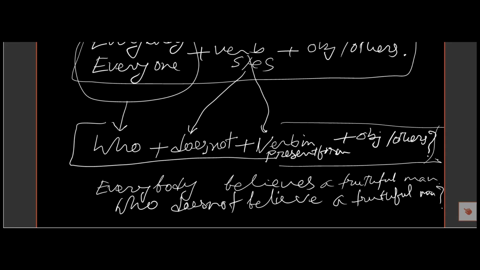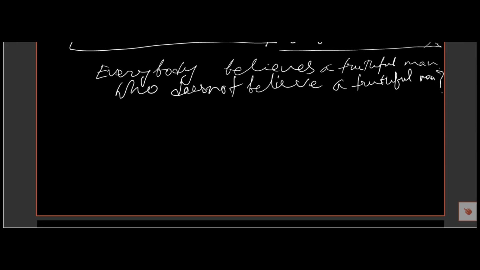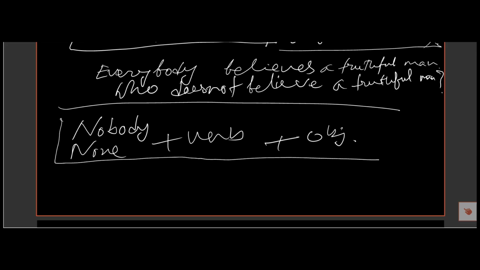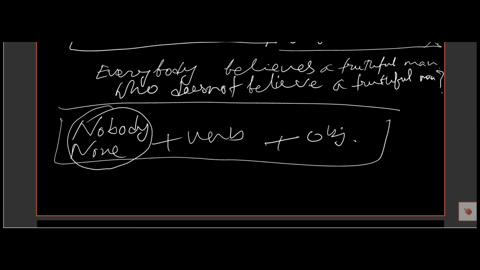If the assertive sentence begins with nobody or none, then verb plus object. This is another structure. If the sentence begins with nobody or none, removing nobody or none, we must use who.